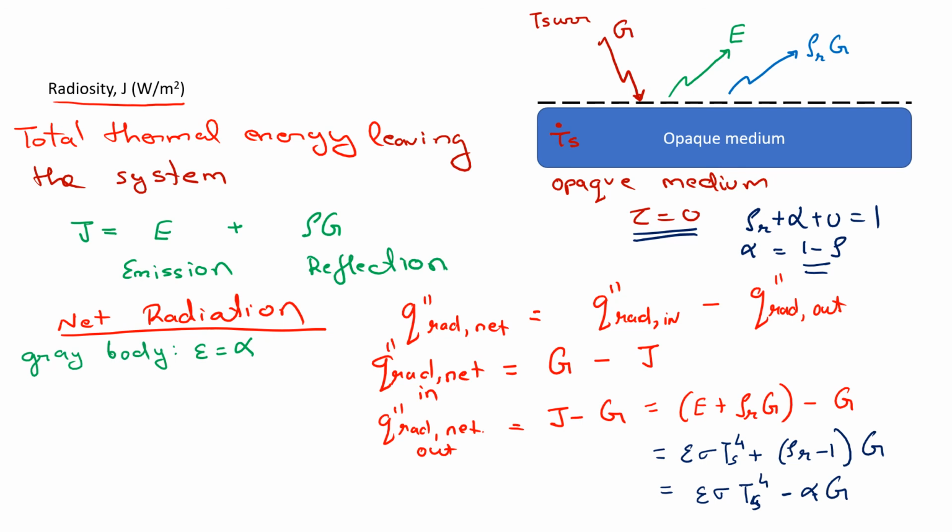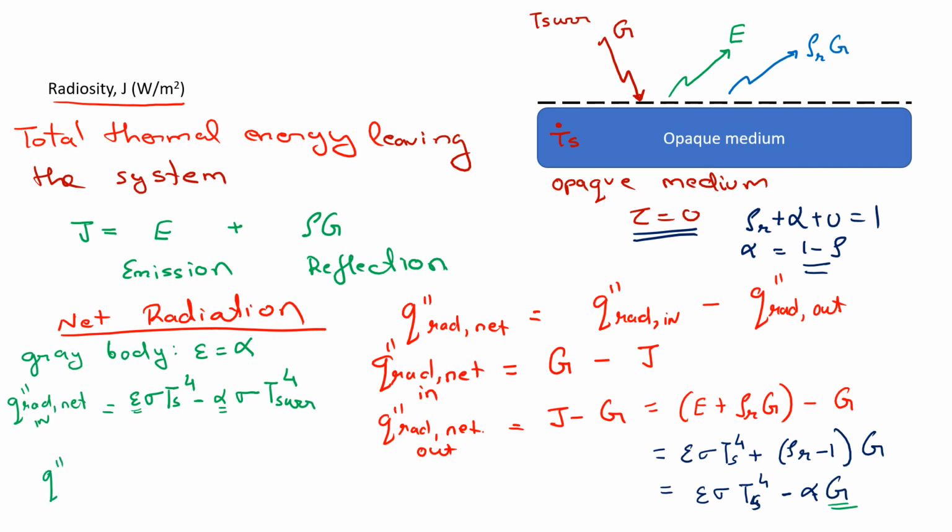So emissivity will be equal to absorptivity, and you can write your Q radiation net as epsilon sigma into Ts to the power 4, and you can write the irradiation as minus alpha times sigma into T surrounding to the power 4, where your epsilon is your emissivity, your alpha is your absorptivity, and because it's a gray body, we'll use alpha equal to epsilon.